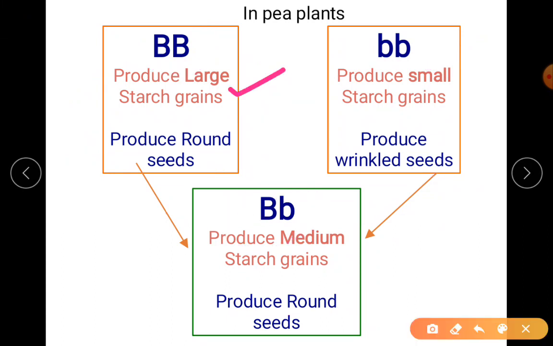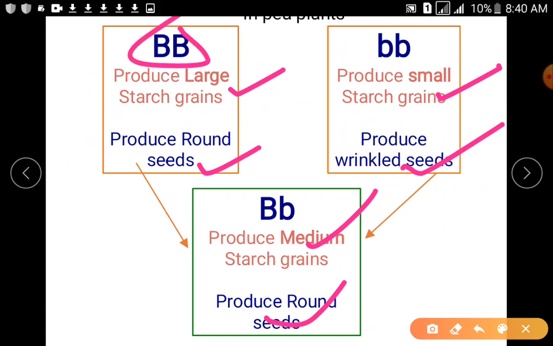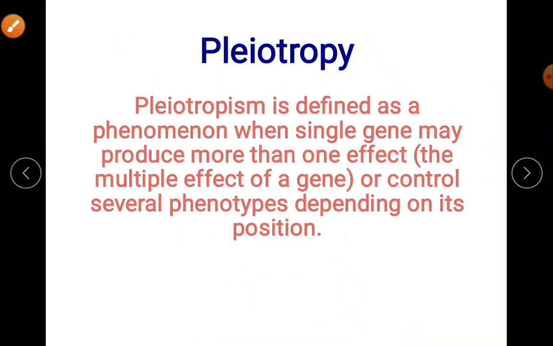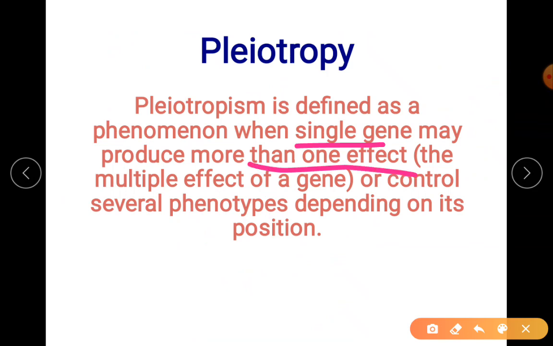Now, though two types of actions are taking place, the main intention of explaining this starch synthesis as well as the shape of the seed in pea plants is to say one gene controls two features. Your single gene has more than one effect.